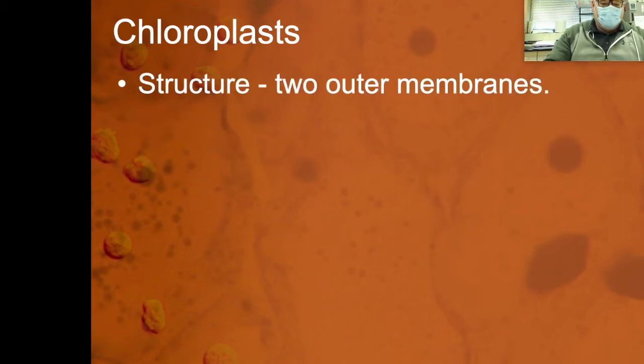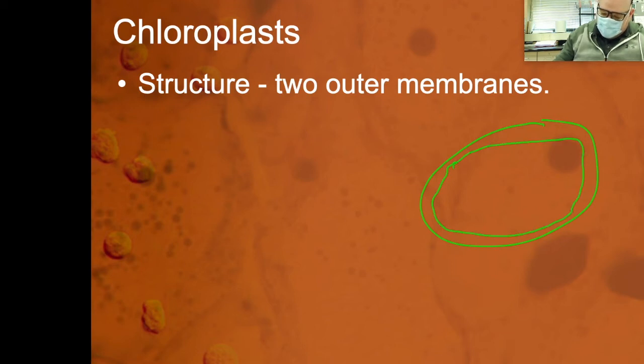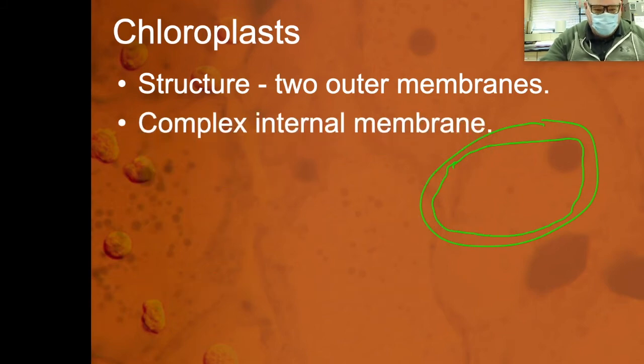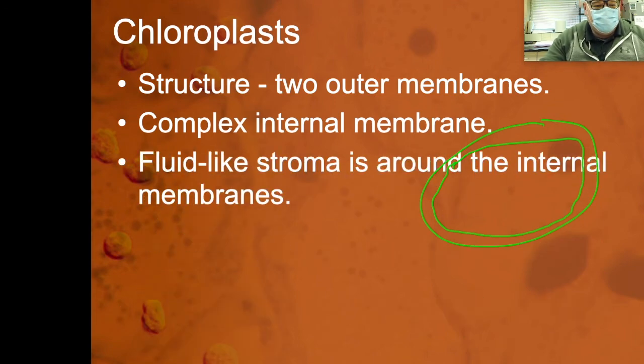Okay. They have two outer membranes. So you're going to see a membrane and a very, very close together membrane. So two outer membranes. The inner membrane has a lot more going on. In between, write the word stroma and point to this area right here.